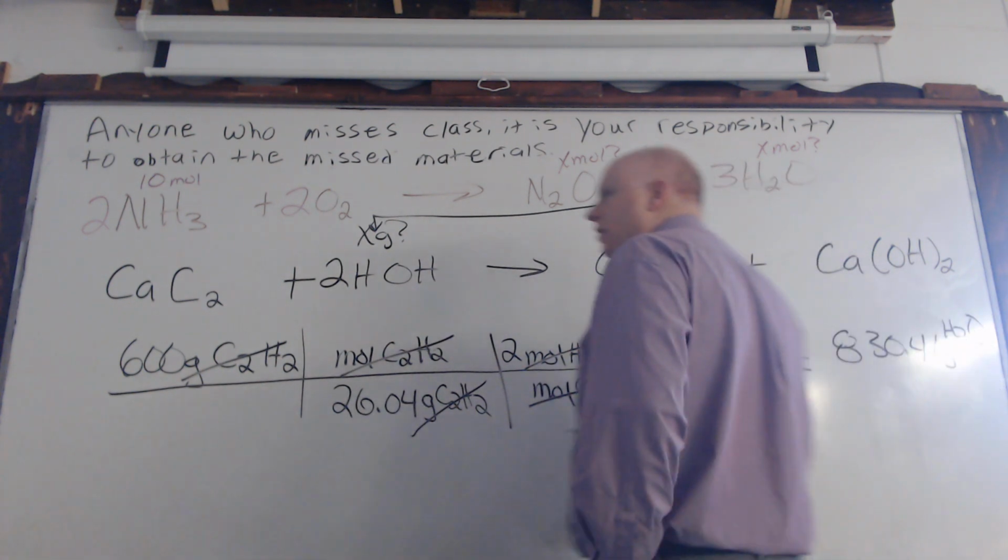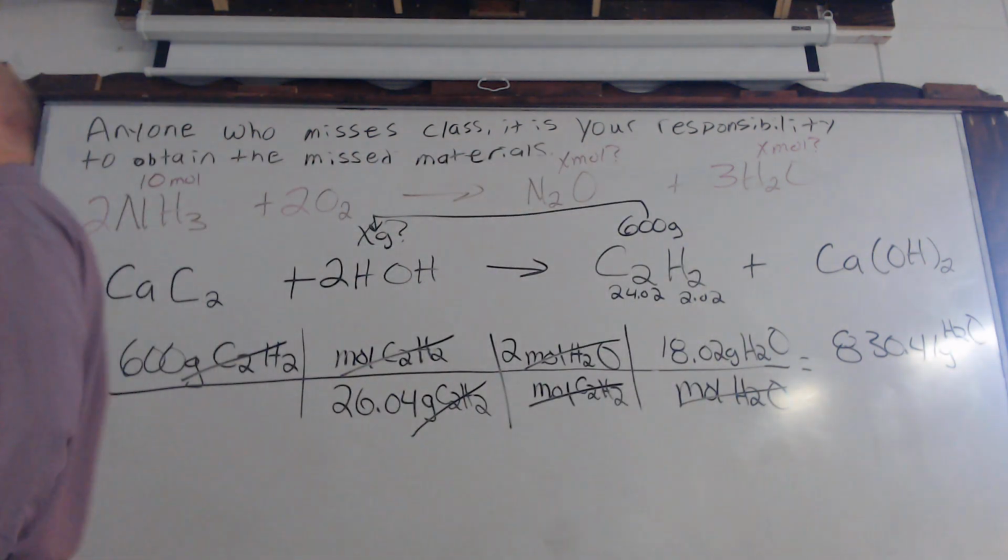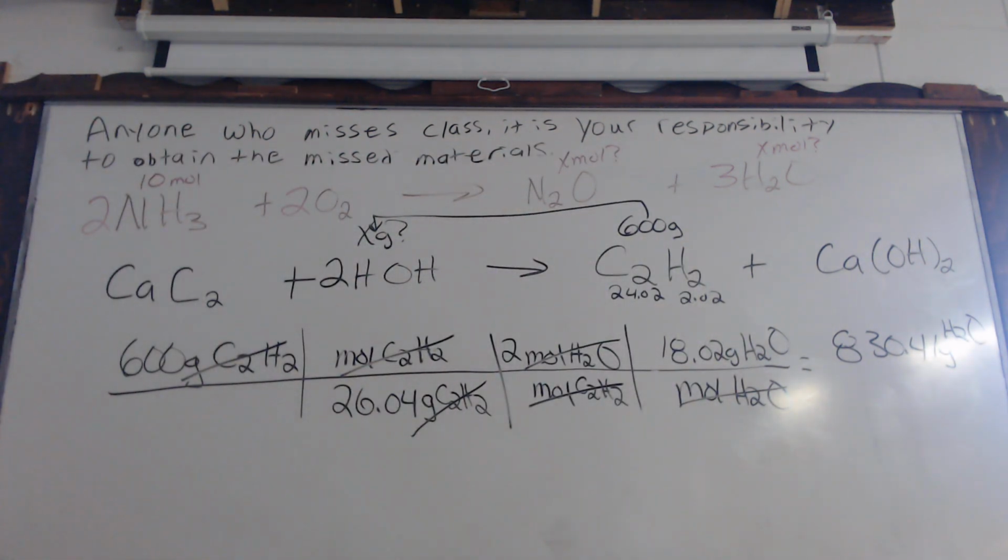Again, when you come back from Christmas break, we start with limiting reactants. One of the things, the freshmen will also start their Hidden Figures project. What does that mean to you, Hidden Figures? It's the movie.